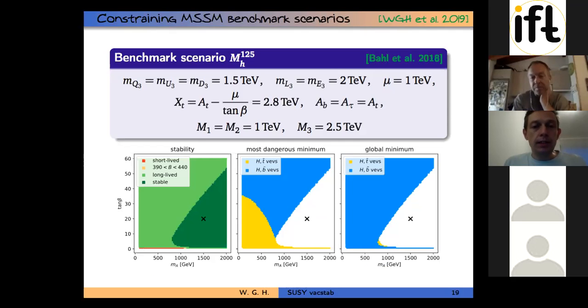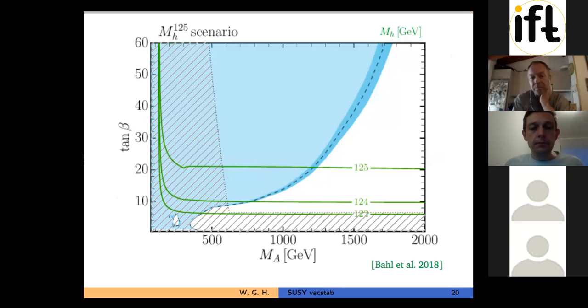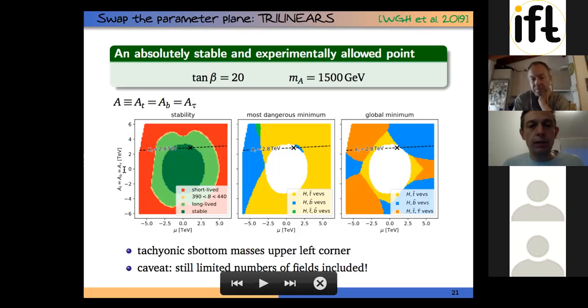So now we started in this benchmark plane, MA over tangent beta. We selected one point, and now we want to swap the parameter plane and go to A top versus mu. Again, we keep A top equal to A bottom. This is varied, mu is varied. This dashed line indicates the original benchmark plane of xt equal to 2.8 TeV.